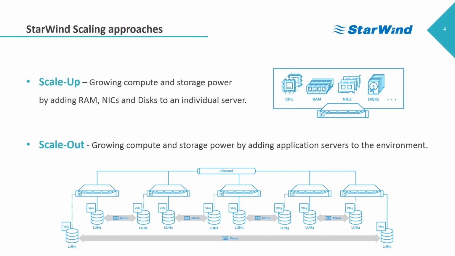Let's have a look at the diagram at the bottom. It illustrates, I would say, not only the general concept of the grid architecture, but also shows how the high availability subsystem is configured. We have each single LUN mirrored between two neighboring nodes, so each of them contains the consistent data which is syncing all the time.